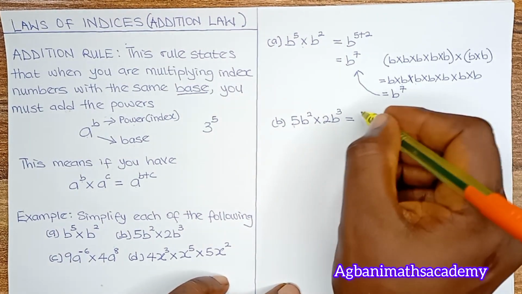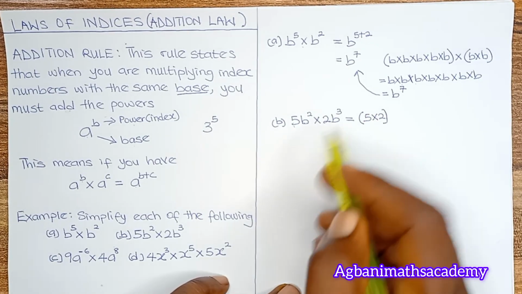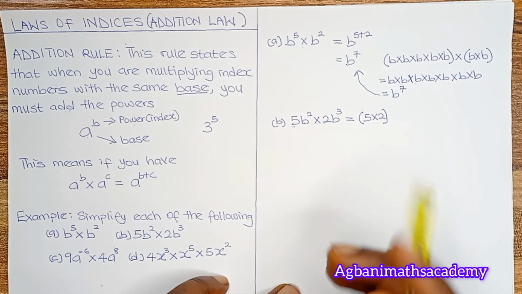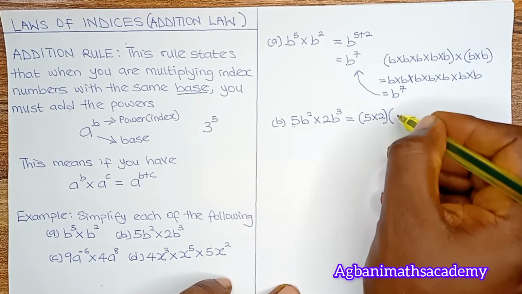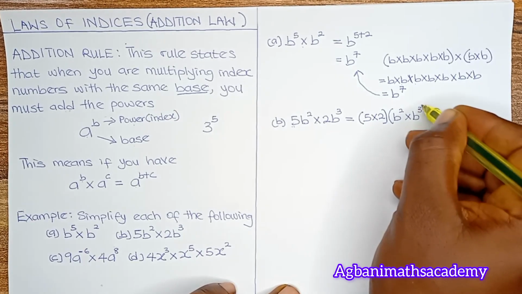So we bring the numbers together, which is 5 multiplied by 2, and then we bring the alphabets together: b to the power of 2 multiplied by b to the power of 3.